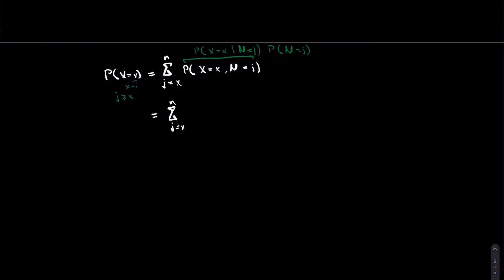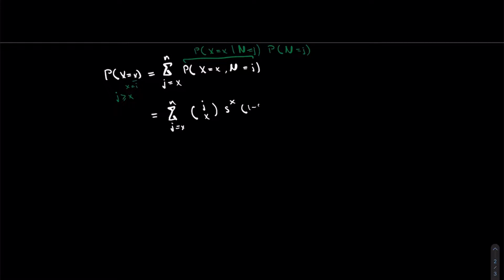We know that the conditional has to be binomial, conditioned on n, and then we select the number of chicks that actually survive. So for j, x survive, and the survival probability is s to the x.